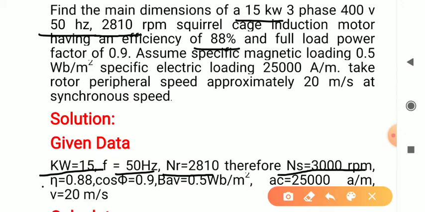Efficiency is 88%, cos phi is 0.9, specific magnetic loading BAV is 0.5 Weber per meter square, specific electric loading is 25,000 ampere conductor per meter, and the peripheral speed is given as 20 meter per second.